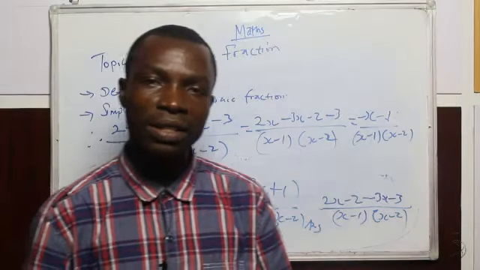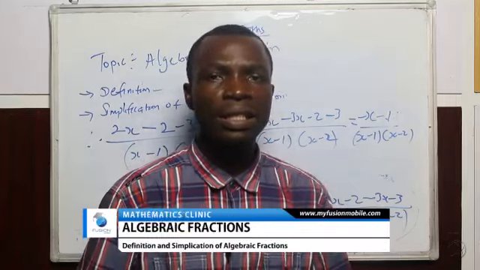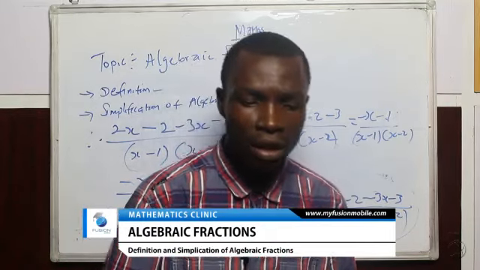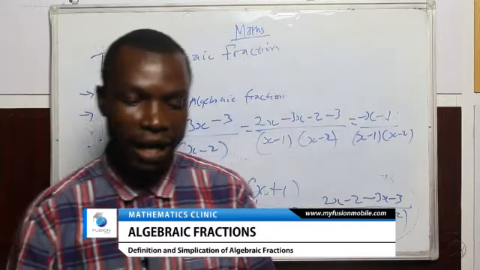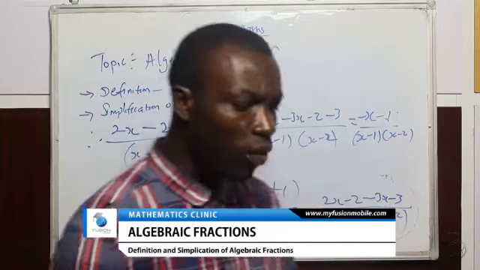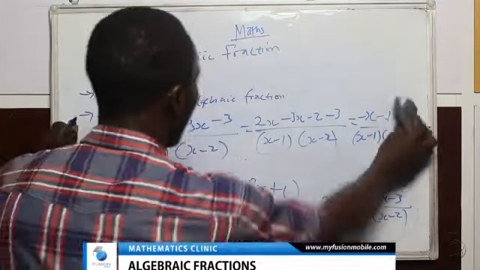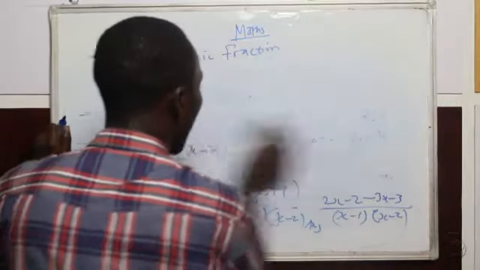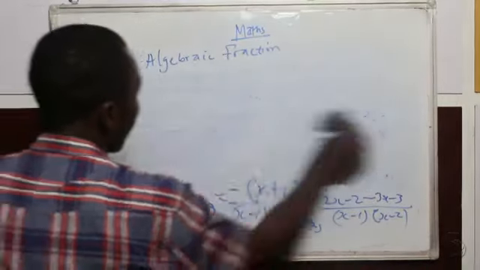I am convinced that you understood these algebraic fractions. I would like us to still move ahead. To solve more questions, let us solve another equation so that you will be conversant with algebraic fractions.